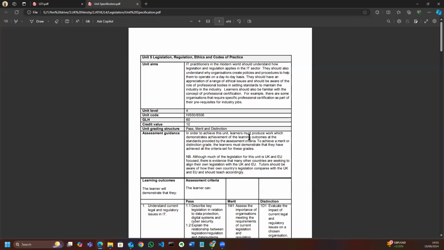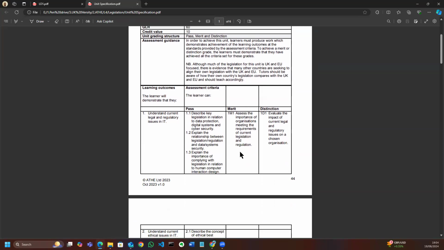For example, some organizations require specific professional certifications as part of the prerequisites for industry jobs. In today's session, we're going to understand the current legal and regulatory issues in IT. We'll describe IT legislation and regulation related to data protection, which now includes digital systems and cybersecurity.